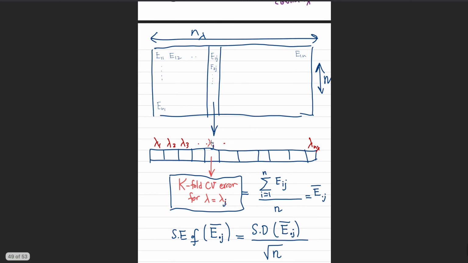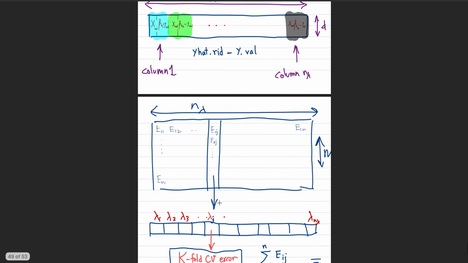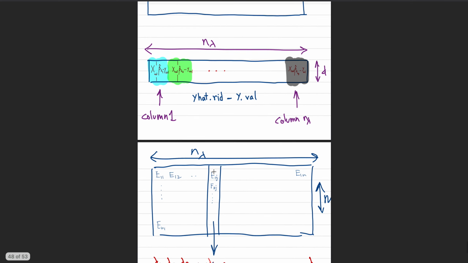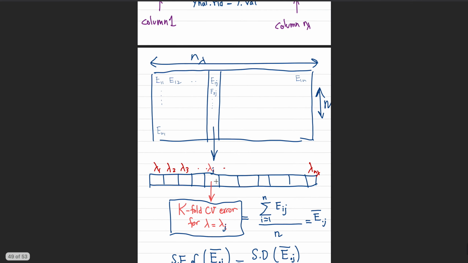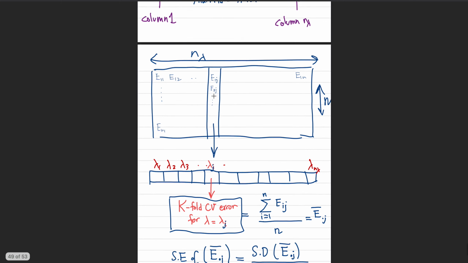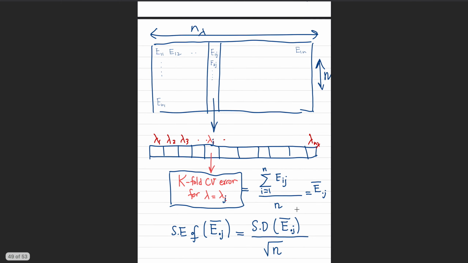we can average them. Actually, these residuals, we need to square them to get the e's. The e's are the errors. Okay, e is the square of the residuals, and then we average them, and then we have the k-fold CV error for that specific lambda, and that gives us the average of the squared residuals.